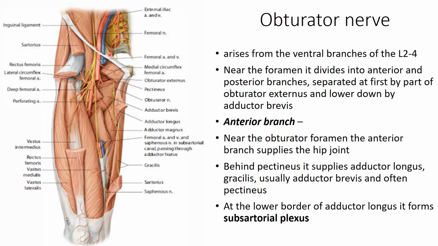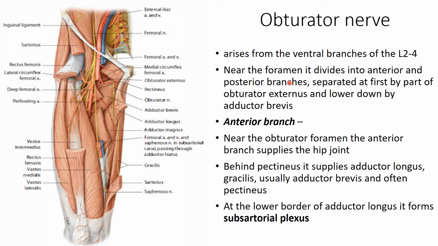So as it descends, it is running on this lateral wall of the lesser side of the pelvis. Here it lies above and in front of the obturator vessels, and from here near the foramina it divides into anterior and posterior branches.